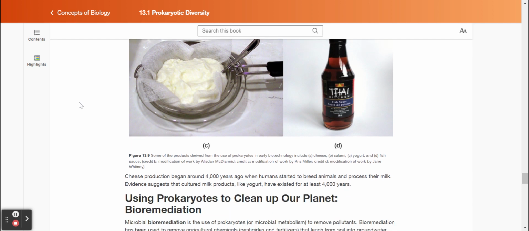Cheese production began around 4,000 years ago when humans started to breed animals and process their milk. Evidence suggests that cultured milk products like yogurt have existed for at least 4,000 years.